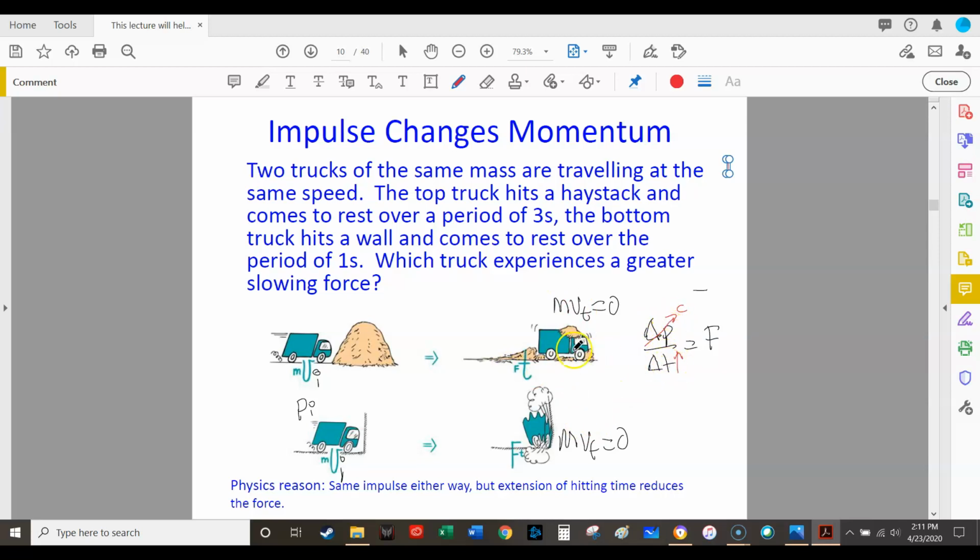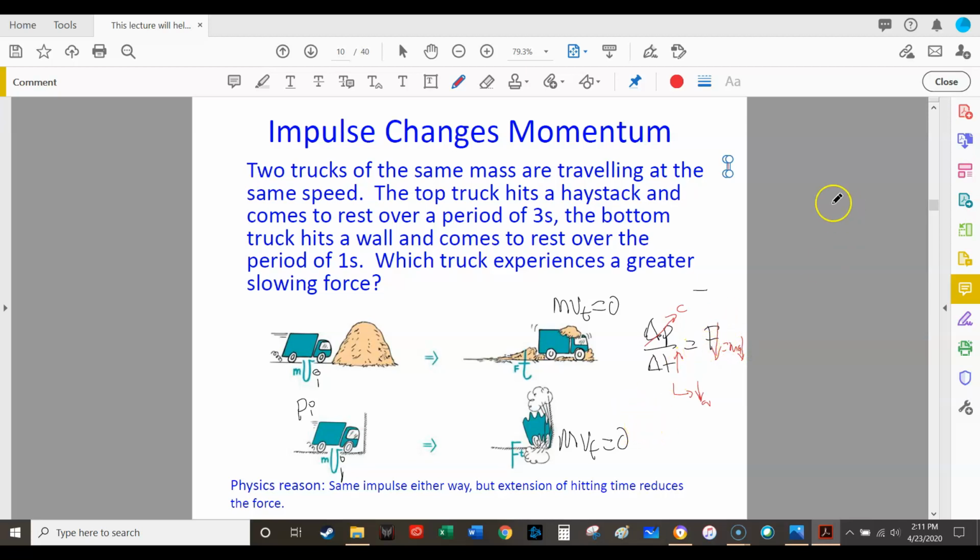But when you hit hay, that change in momentum is going to occur over a large period of time, right? Which then in turn is going to decrease your acceleration, right? Force is equal to mass times acceleration. It's going to decrease your amount of acceleration, which is then going to decrease the force on you.